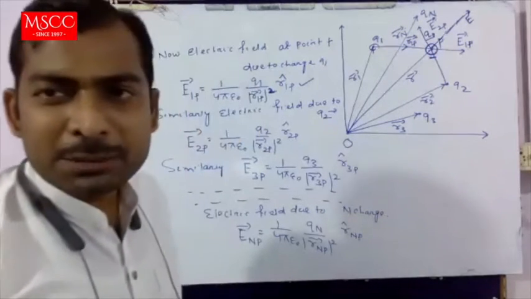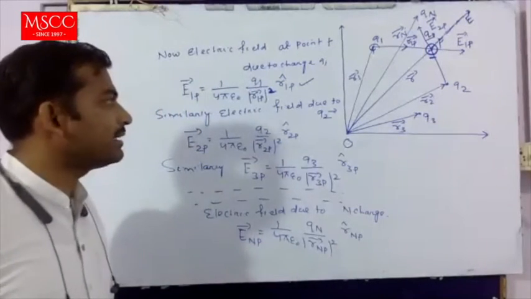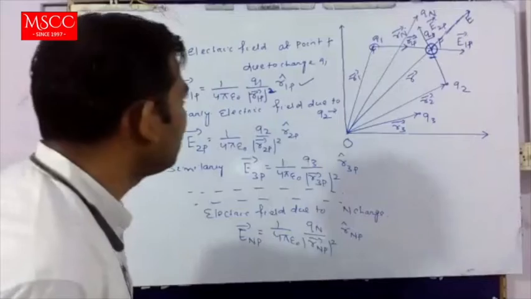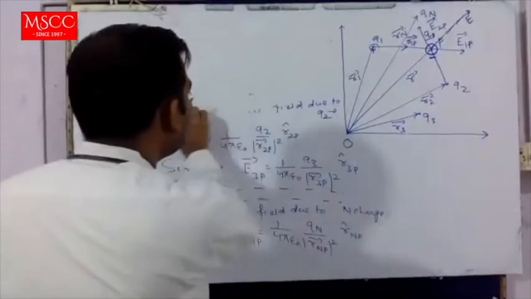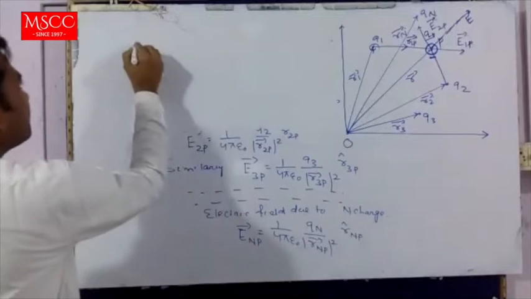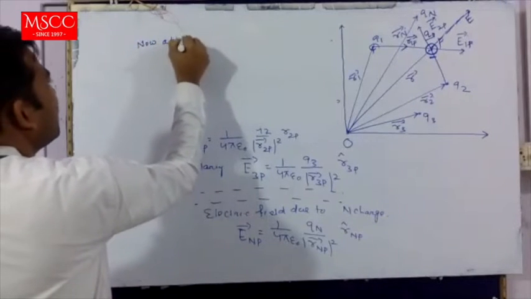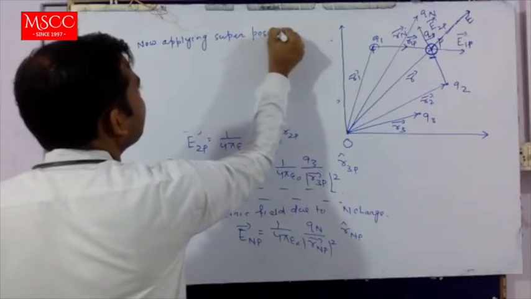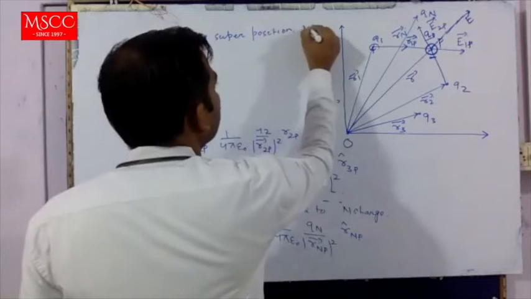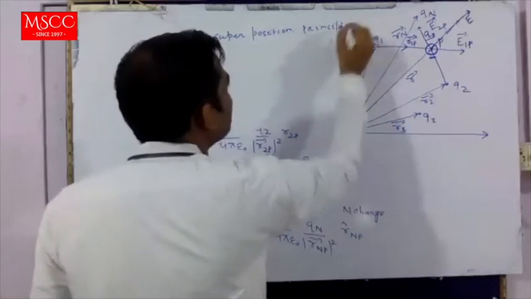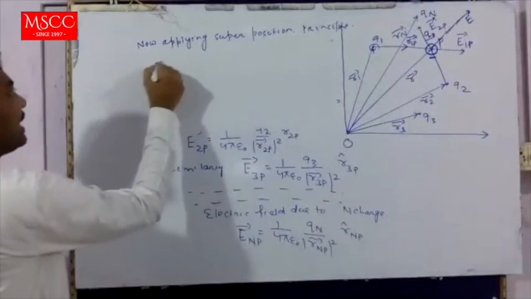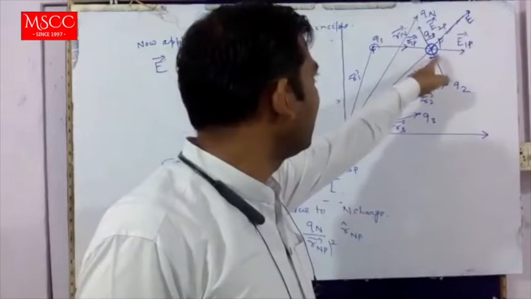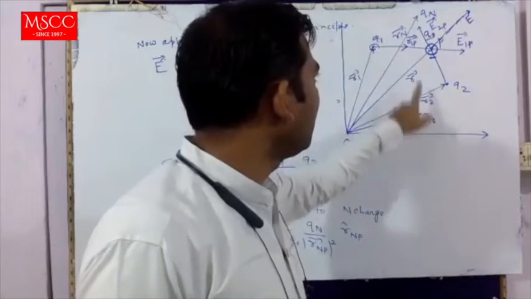Now applying superposition principle. Write down: now applying superposition principle, E equals the net electric field intensity at point P due to Q1, Q2, Q3, Qn.